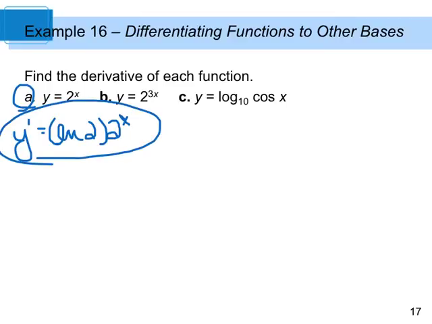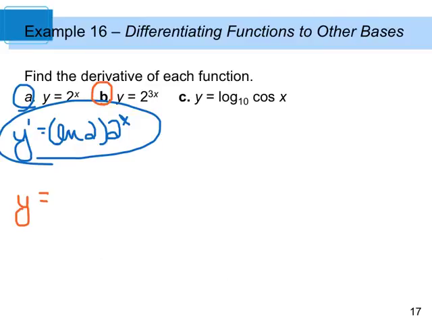All right, now let's try this. Y equals, now the slight difference with this one is we have the 3x, not just the x. So this was an a to the x, this is an a to the u. So follow that rule.